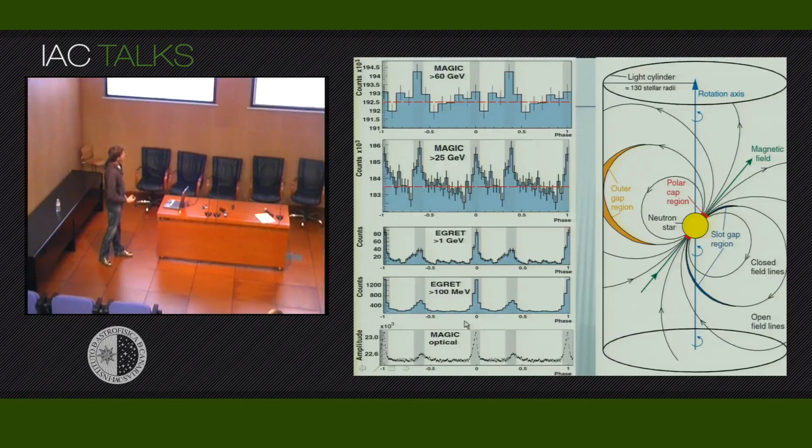The important thing is that there are very numerous competing pulsar emission models for this gamma ray emission. The emission can come from outer gap regions, or can come very, very close from the neutron star here, or here in slot gap regions.